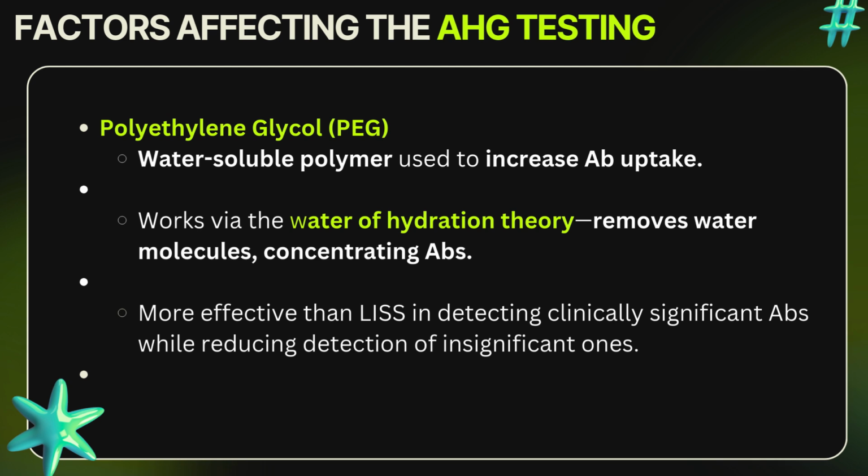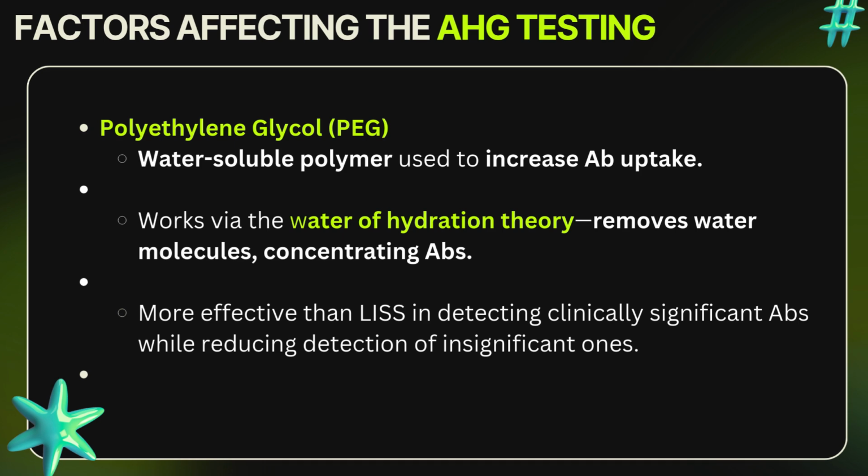This process enhances the detection of clinically significant antibodies while reducing the interference from insignificant ones. One key advantage of using PEG over other reaction media, like LIS, is its effectiveness in detecting these significant antibodies, making it a valuable tool in certain testing scenarios.